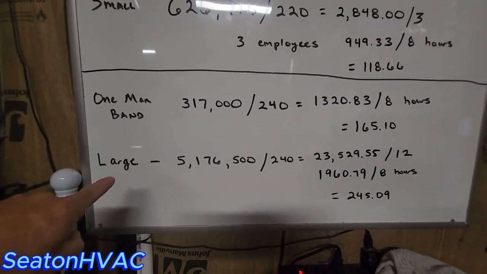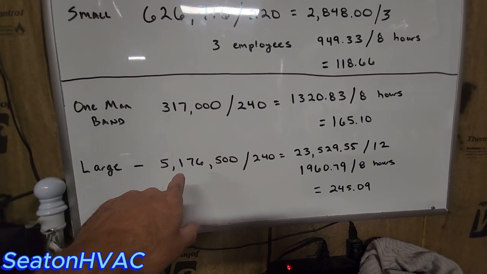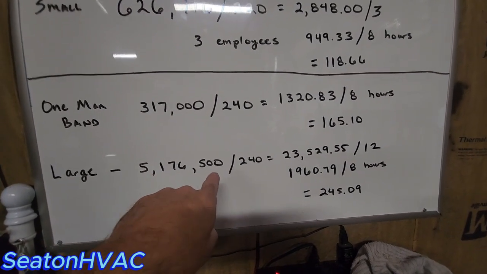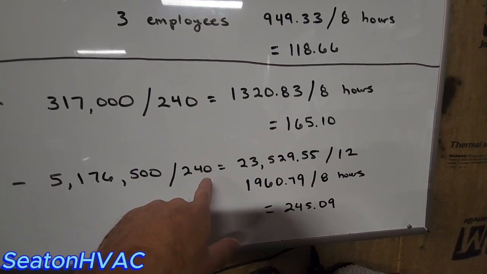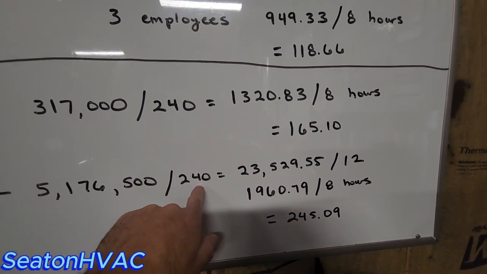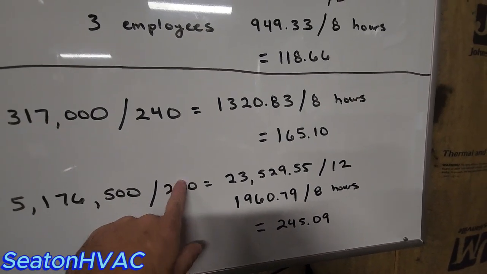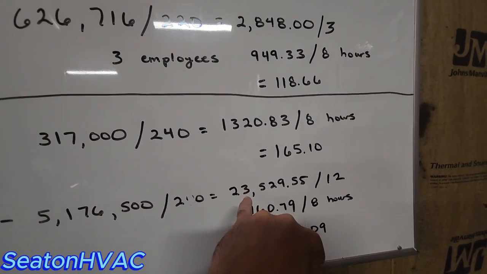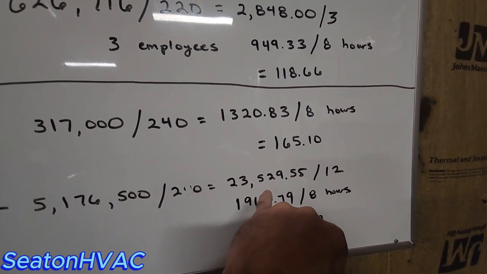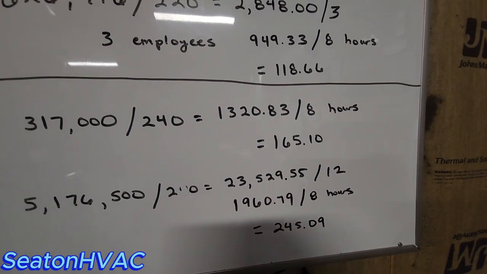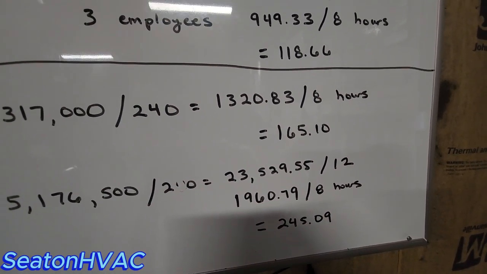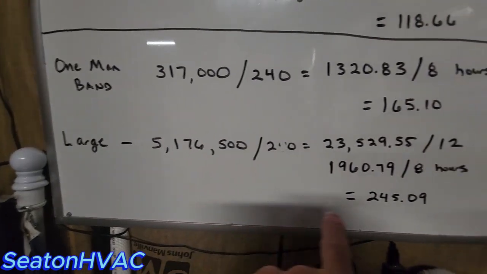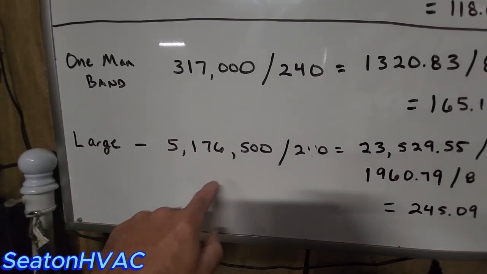And then your large company, let's say they make their overheads 5,176,500, and let's say those guys average out at 240. I think this is actually supposed to be 220. So let's say that's 220. I changed it, and then that would be 23,529.55 per day, and then they divide that by 12 employees.